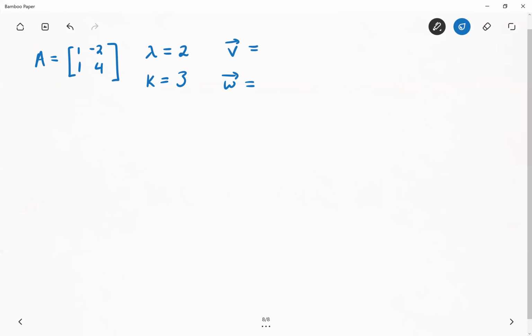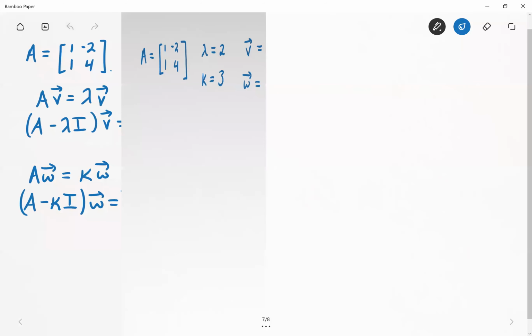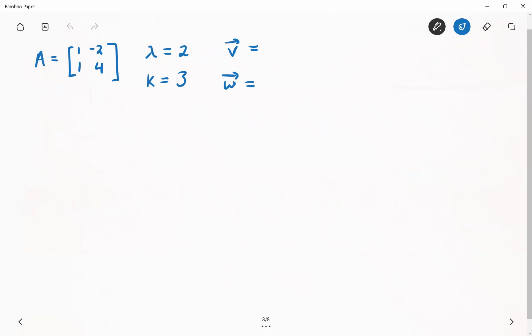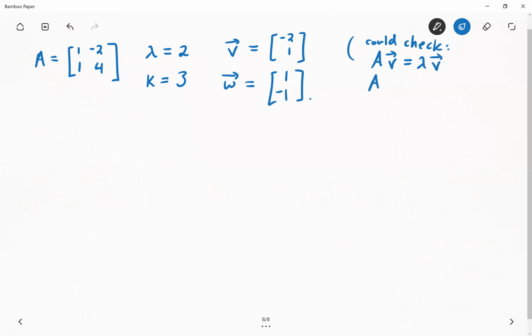Call them V and W. V was negative 2, 1, and W was 1, negative 1. And if you were so inclined, you could check that A times V equals lambda times V, and A times W equals kappa times W. You could check that they satisfy the eigenvector, eigenvalue equations.